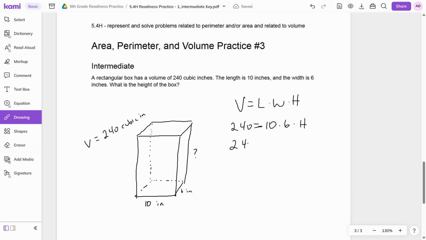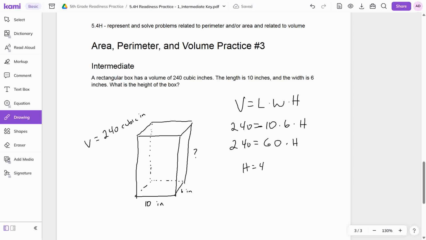So 240 equals 60 times my height, because that's what the 10 times 6 gets me, 60. So how many 60s does it take for me to get up to 240? Well, think how many 6s does it take to get up to 24? Because there's a 0 on each, we can just ignore those. 60, 120, 180, 240. So that means all I need is a height of 4.